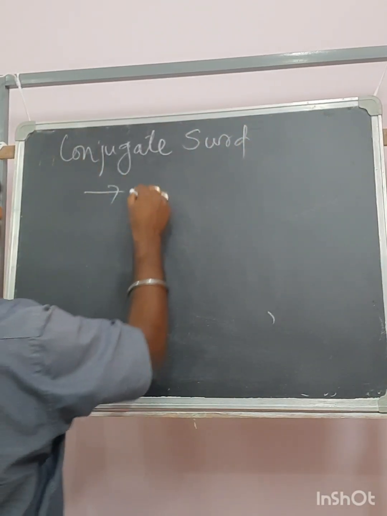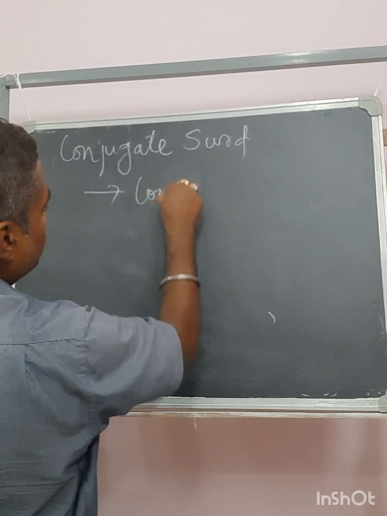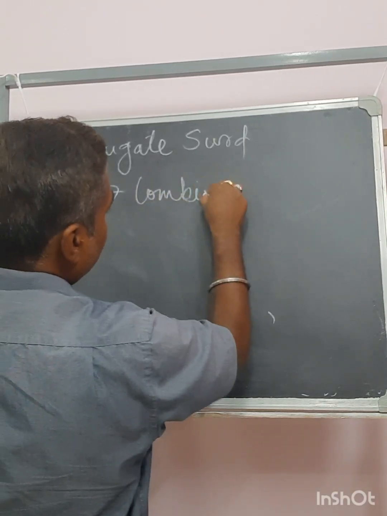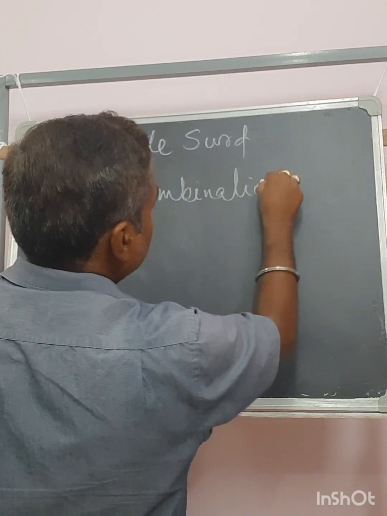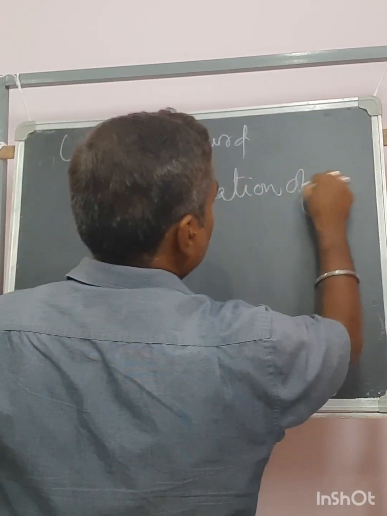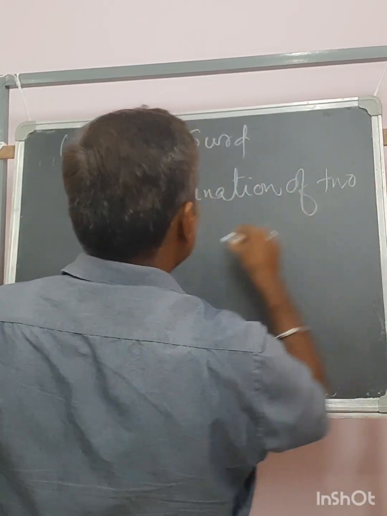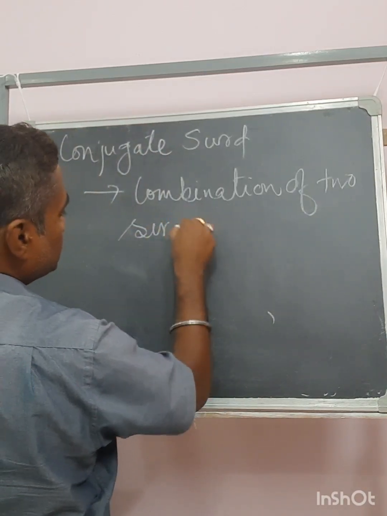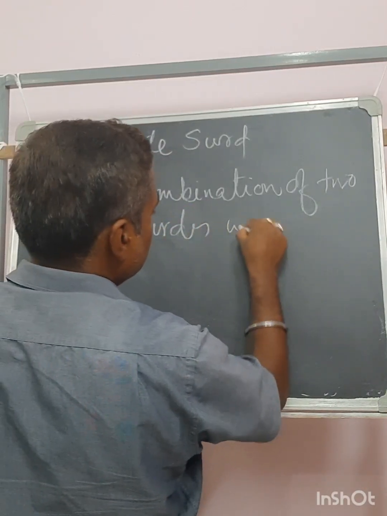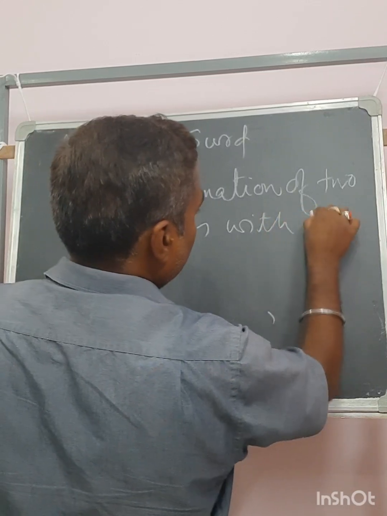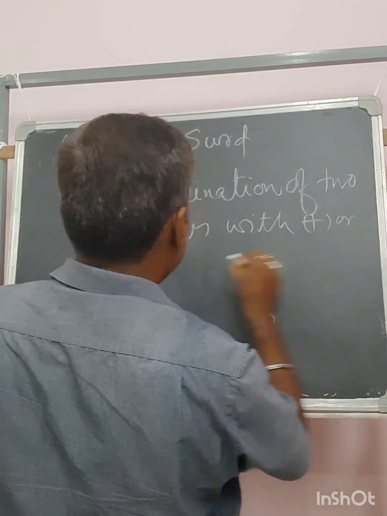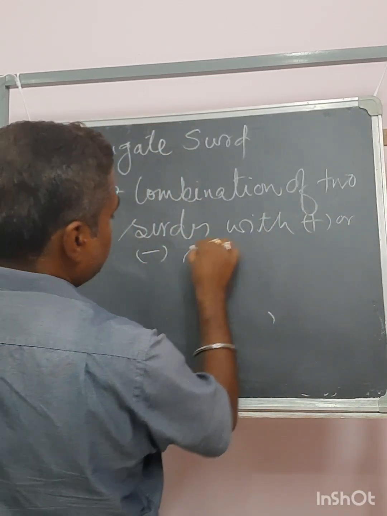The conjugate surd is a combination of two surds with a plus or minus sign.